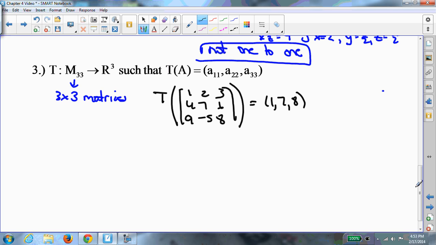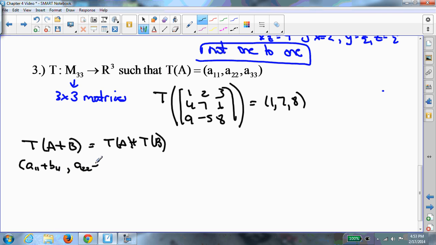So let's start with the idea of linear. Is T of A plus B equal to T of A plus T of B? Well, T of A plus B would basically be something like a11 plus b11, a22 plus b22, and a33 plus b33.